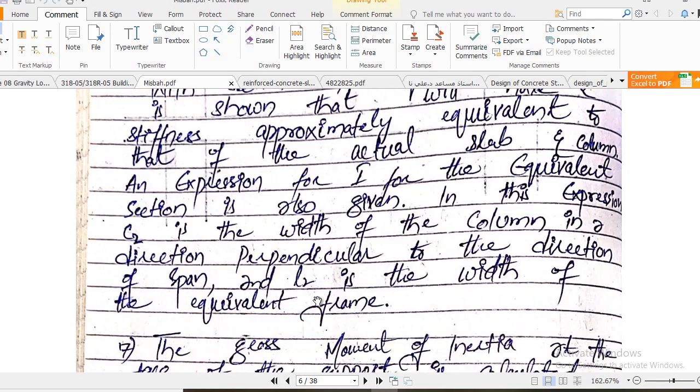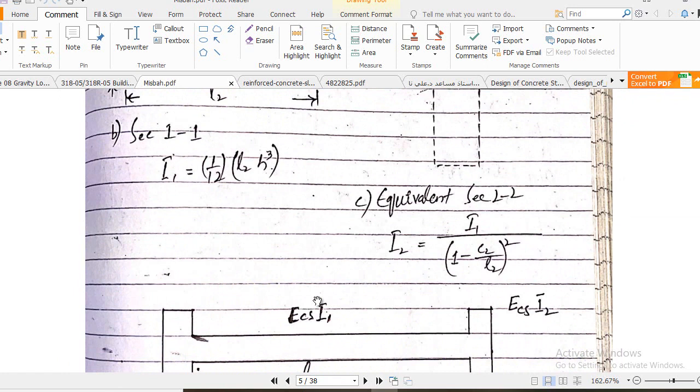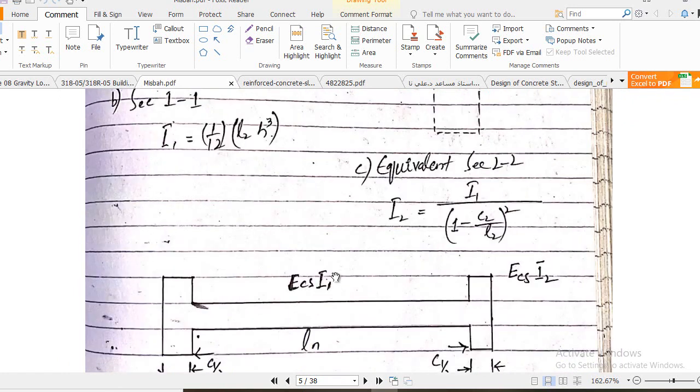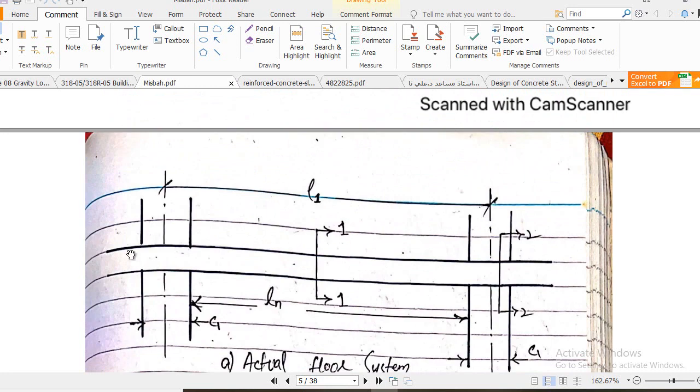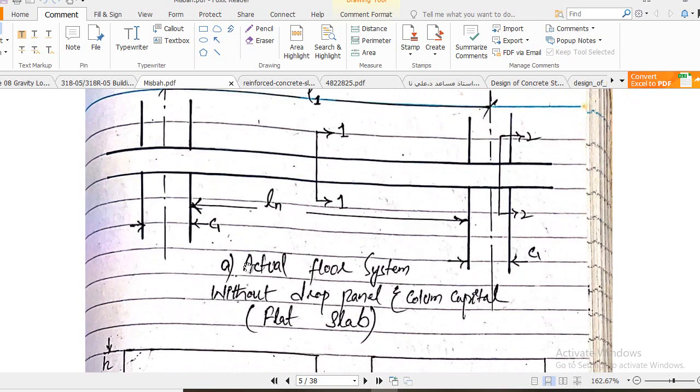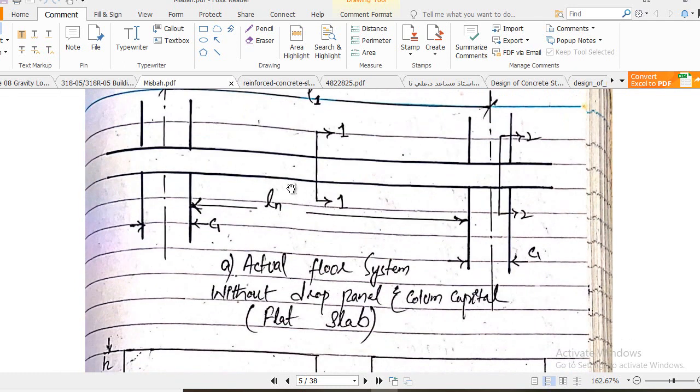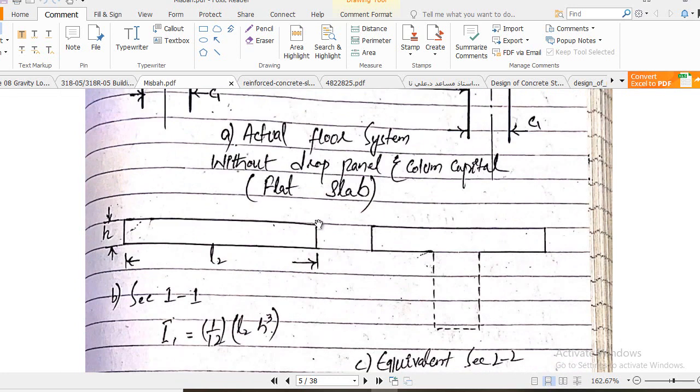Up to this point, the key purpose of this whole discussion is that we have to calculate moment of inertia at different sections. Clear? And for those different sections we have to use different cross sections. Like if you have a flat slab system without drop panel, your section will look like this shape.